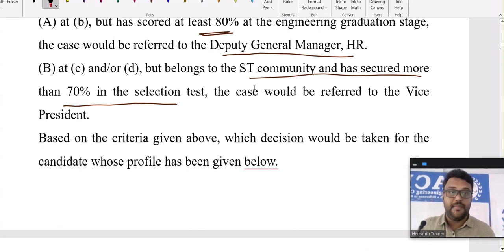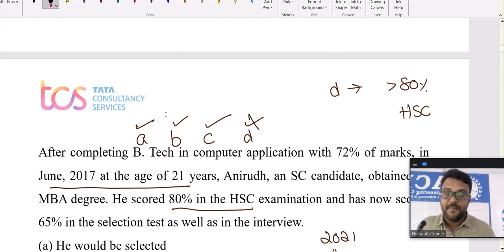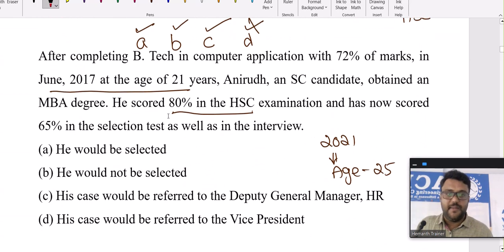And he should score more than 70% in the selection test. Problem: 70% selection test is not there, and he does not belong to that community, so we cannot refer to the vice president. That is also failed. Now what can we do?